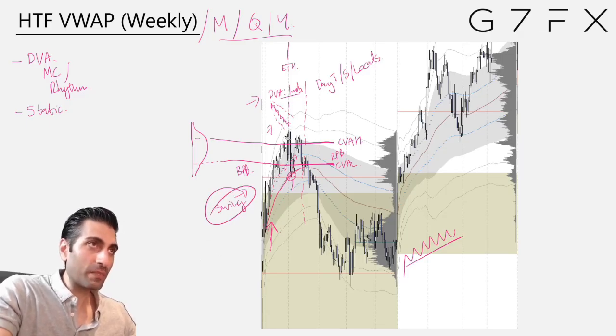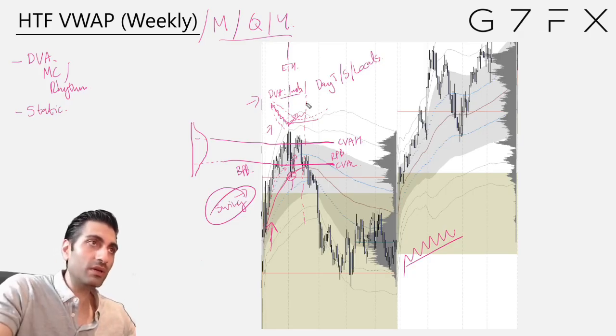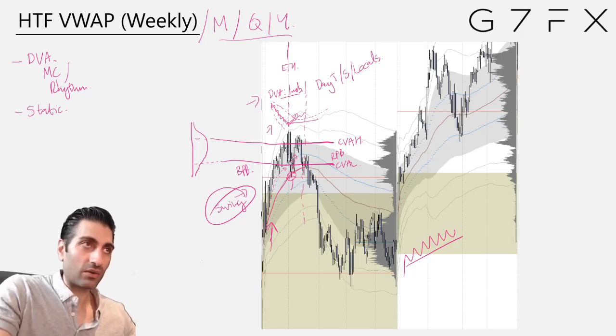Probably this would have turned by now, right? And the imbalance down would have failed and we may have started to build some value above maybe one of these standard deviation bands, and you start to turn. Okay, so you start to go imbalance up, you start to build some rhythm, and then you know you're above the CVAL as well, so you've got acceptance above here.